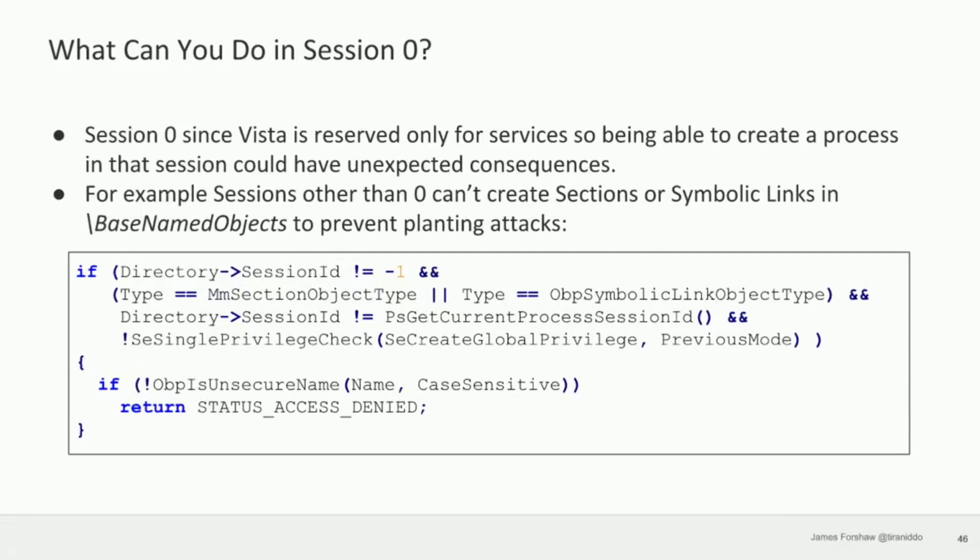But fortunately, if you're running in session 0, you can do all the name squatting you like. You can squat everywhere and use that to abuse existing system services, especially since Vista, because system services don't even expect that this can happen anymore. It shouldn't even be possible for a normal user to abuse session 0 anymore.